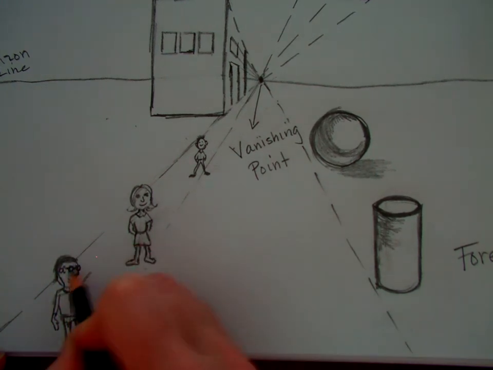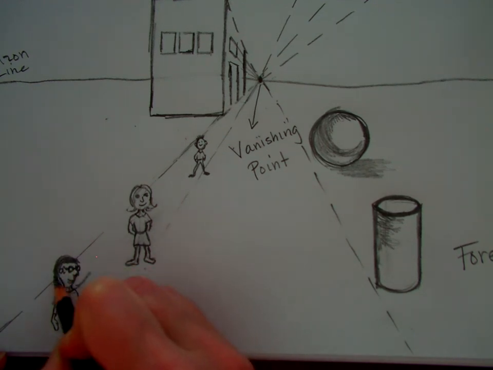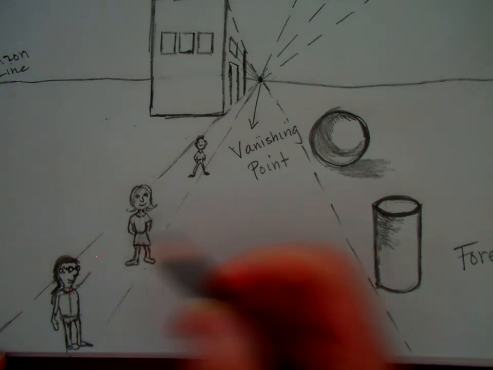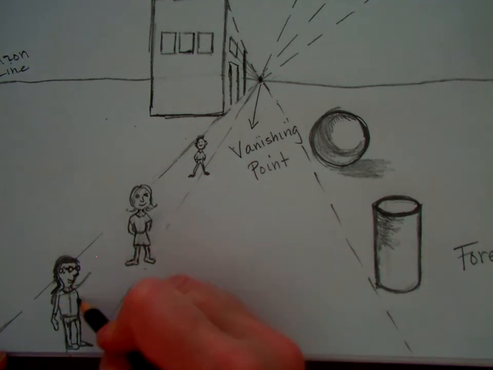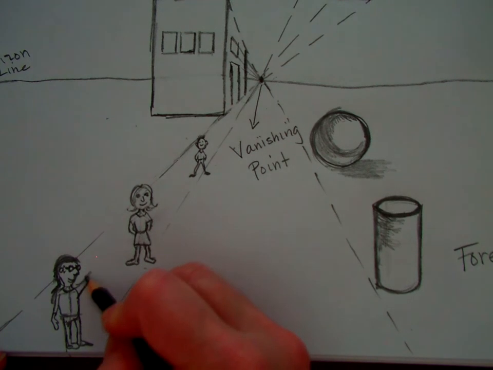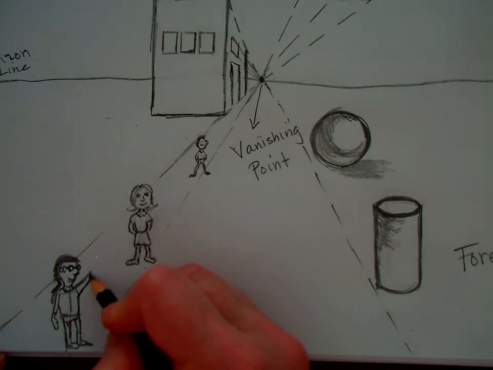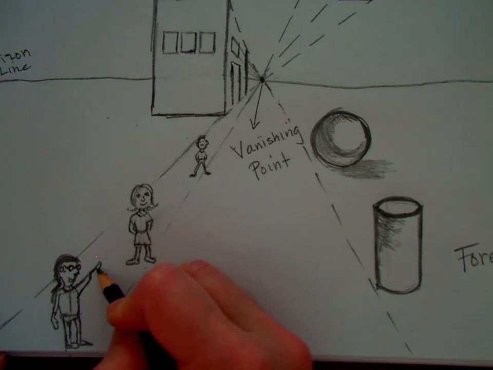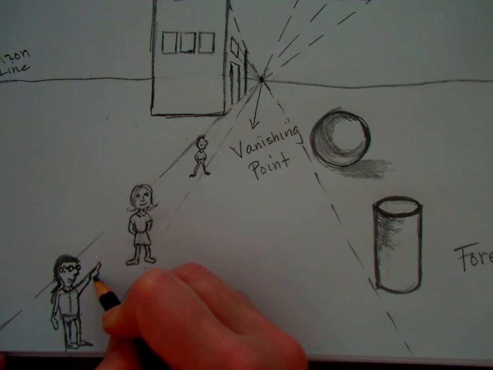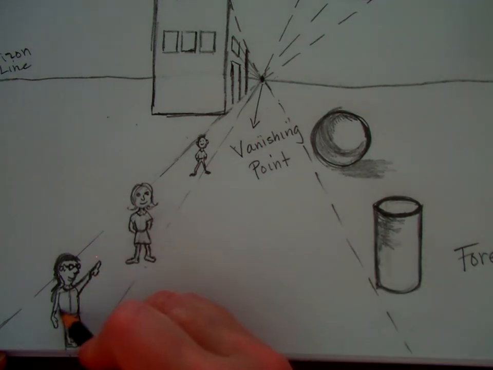I was like, am I giving him a hat? I wasn't trying to give him a hat. I was trying to give him a ponytail. And he is kind of pointing, so I'm not sure. I guess he's pointing in the direction of the vanishing point. Alrighty.